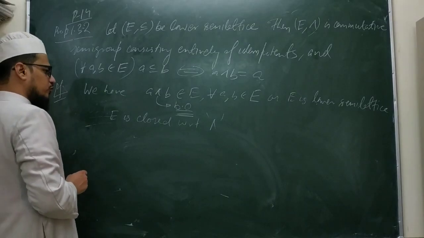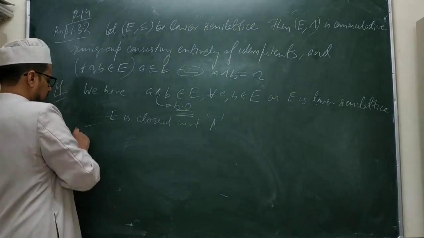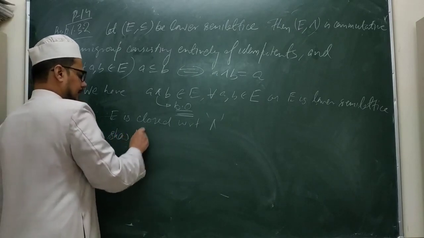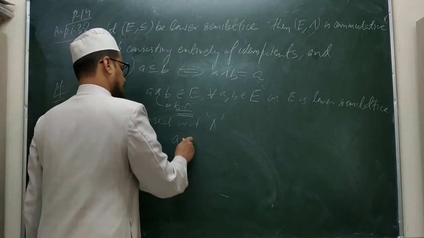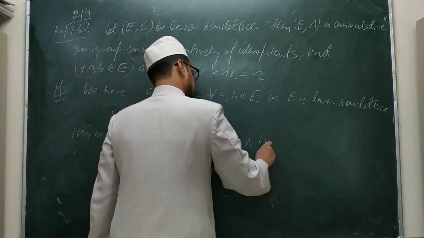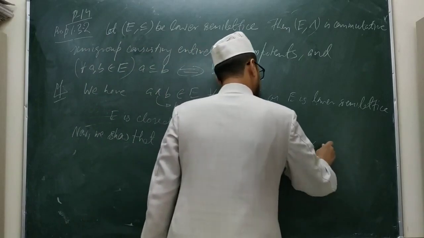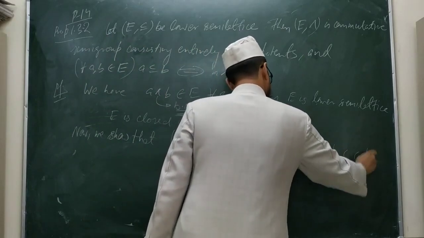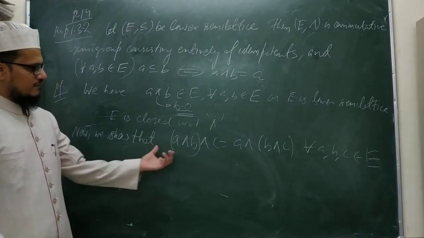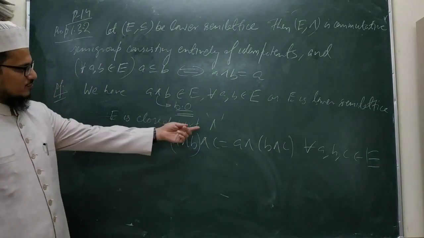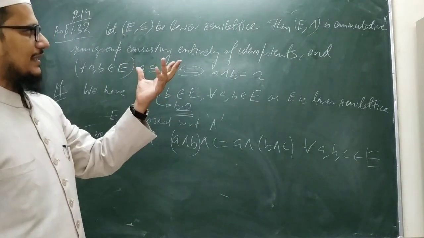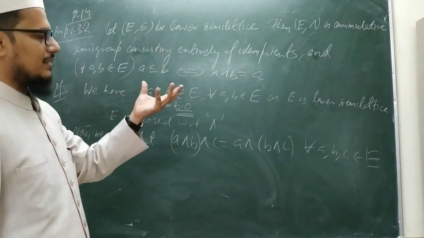Now what else we have to prove? Now we show that, like this. If we are able to show this associative law, then with respect to this operation, E forms a semigroup. After proving semigroup, we prove that it is commutative, and also every element is idempotent.